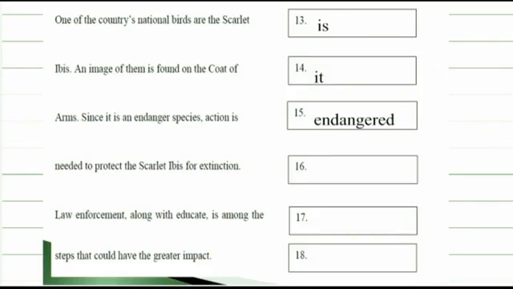Number 3 there, or line 3. "Since it is an endangered species", our error, "endanger", and it was in fact "endangered". How did we get "endangered" rather than "endanger"? This here is a common case where you have a verb. You have your verb here.